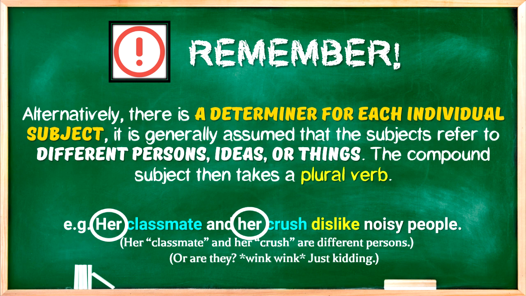Alternatively, if there is a determiner for each individual subject, it is generally assumed that the subjects refer to different persons, ideas, or things. The compound subject then takes a plural verb.